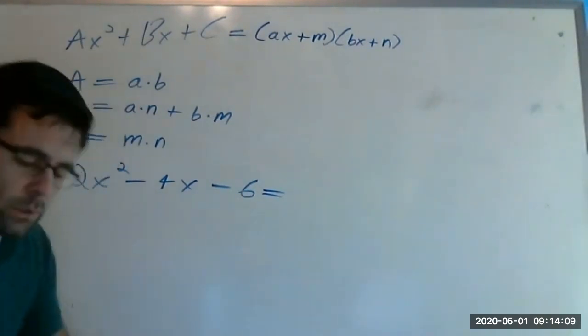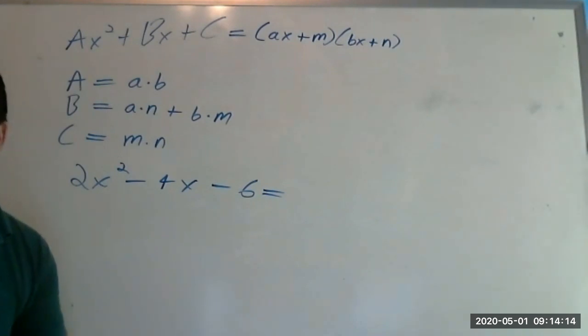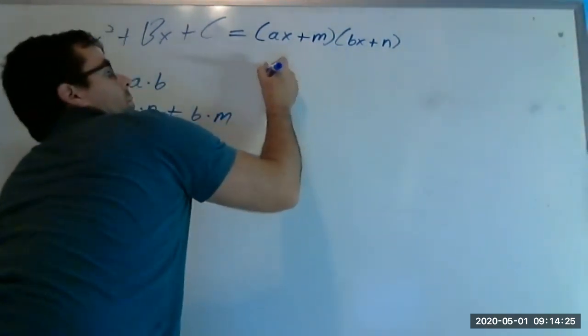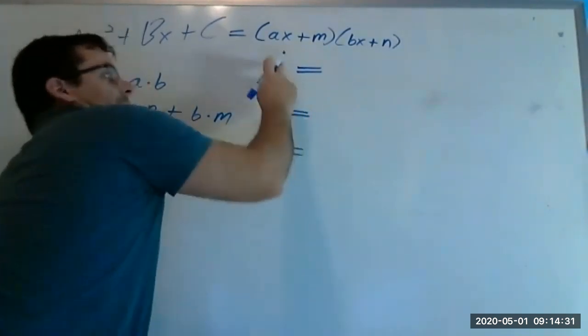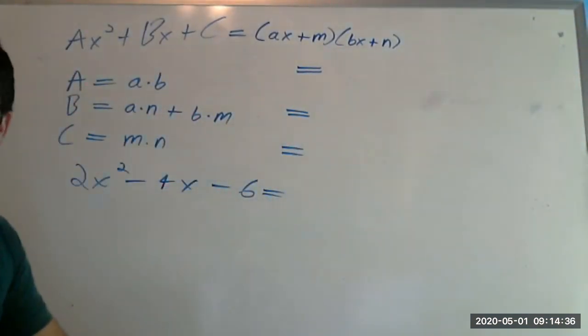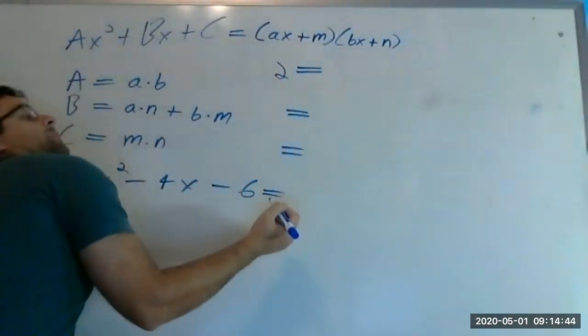So what is capital A? Two. Capital B? -4.